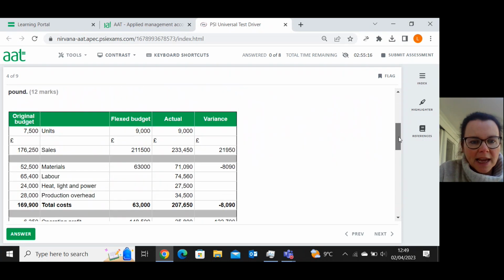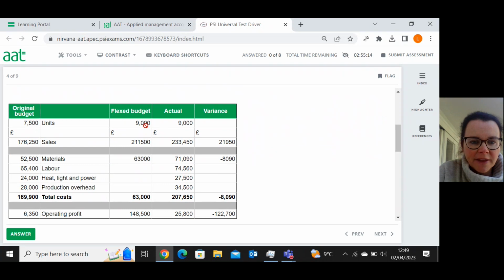Right, so then I need to put that information into a 9,000 unit budget. So 9,000 units times £8, and then plus the fixed 5,400 gives me 77,400. The actual is favourable. Sorry, the variance I meant to say is favourable.